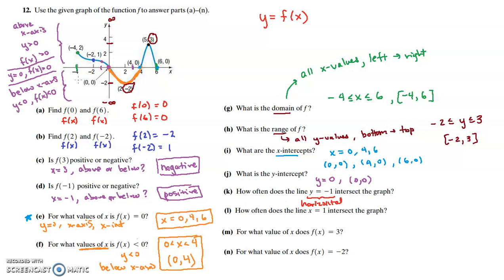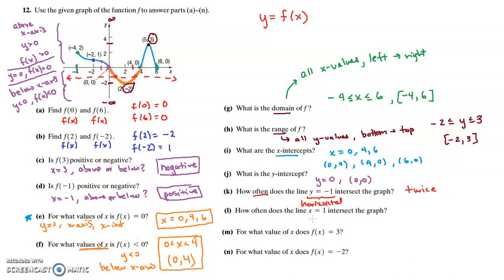So if we draw a horizontal line at -1, I'm going to dash it in here. How often does the line intersect the graph? We don't know exactly where it's going to be, but we can see that it's going to intersect 2 times. So we could say twice or 2 times.